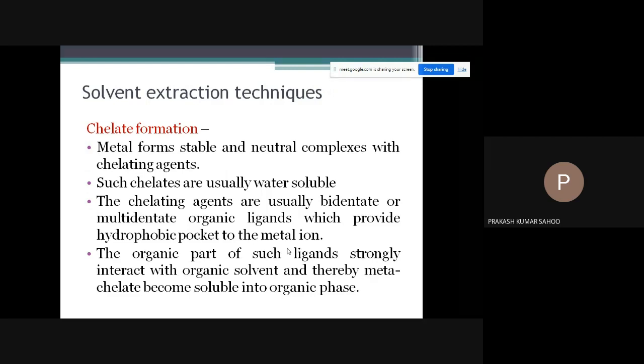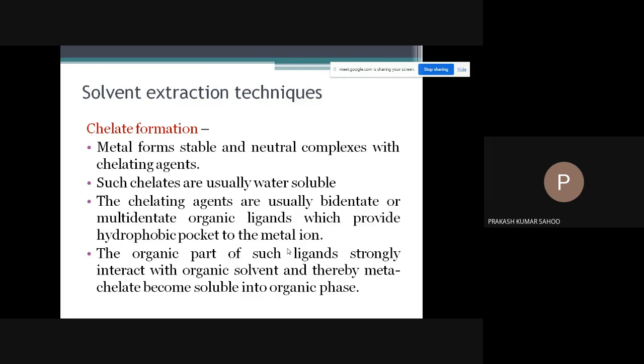Chelate formation, that is the ring like structure. Okay, so metals form stable and neutral complexes with chelating ligands. For example, the chelating ligand is ethylene diamine. Ethylene diamine means it has two carbons, and it is followed by NH2.